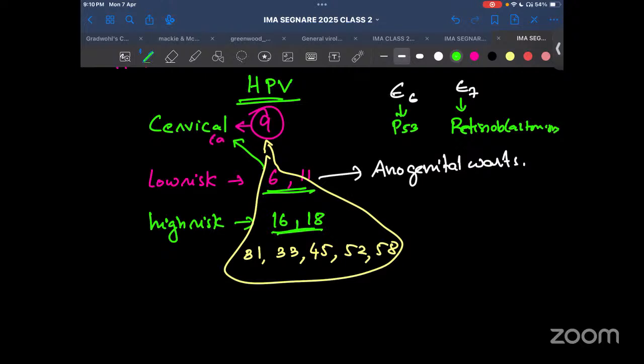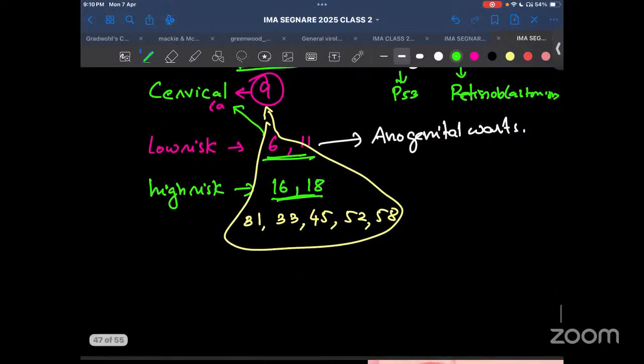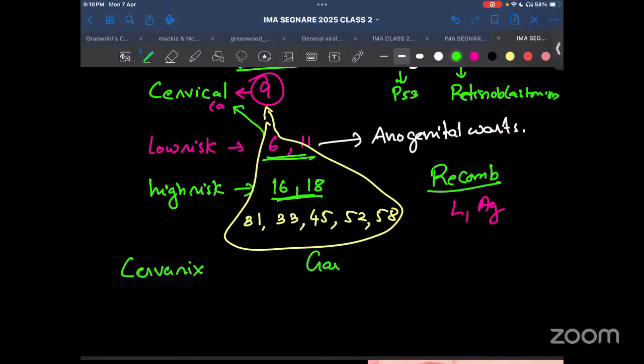Okay, now there is a vaccine that is available. The vaccine is a recombinant vaccine. The recombinant vaccine uses the L1 antigen of human papilloma virus. The vaccines that are available are Cervarix, Gardasil, and Gardasil 9.